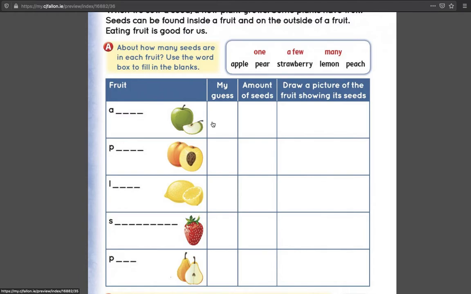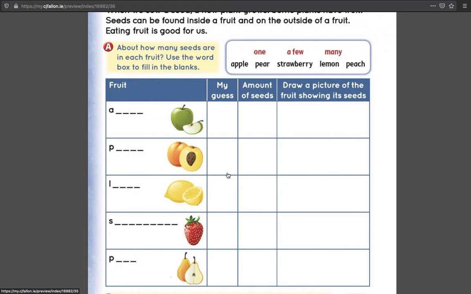Okay, what's your guess? Now, if you don't have these fruits, don't worry about it too much. You could probably get someone to check over your answer because I would imagine that the person at home would have an idea. But then again, most of you probably have an apple at home to try this out. You might not have the other fruits, but you could just make your best guess anyway.